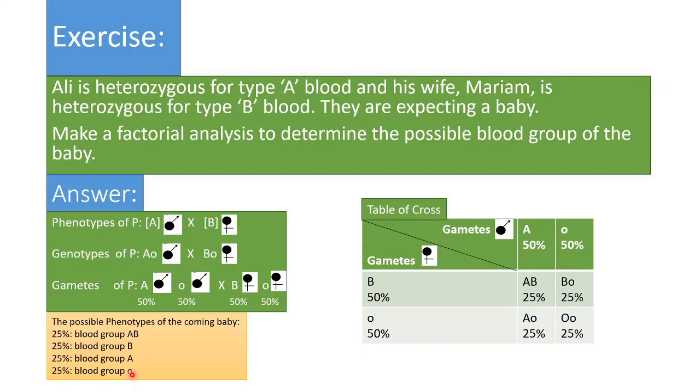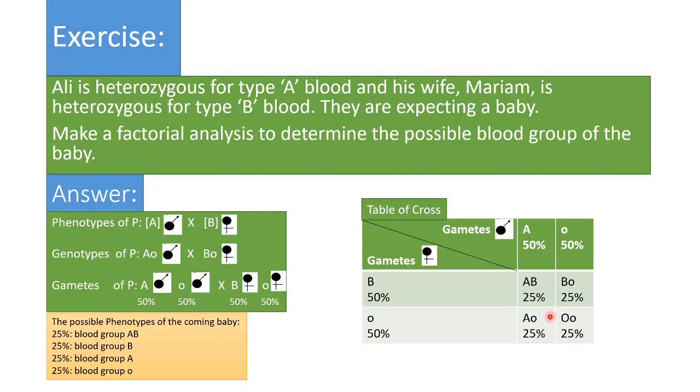So this baby of this couple has 4 possibilities for his blood group. Actually, he's going to be one of them, but we don't know which one of these 4 blood groups the baby is going to be. But notice here, from a parent having blood group A and another parent having blood group B, they can give birth to a baby of blood group O. And some people are astonished by this fact if they don't know about heredity.